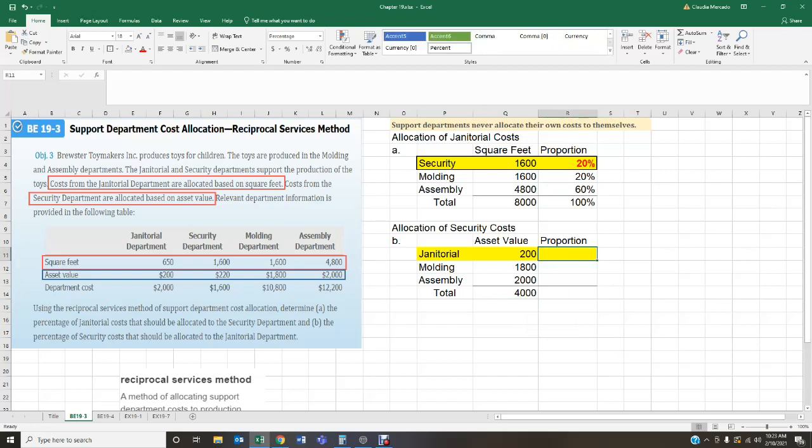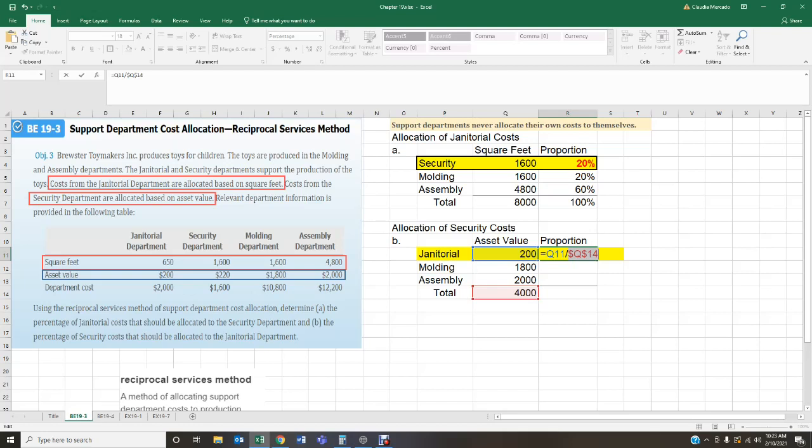Once again, I'm going to get my proportion. I'm going to divide my asset value for janitorial services by my total asset value, and I'm going to anchor the Q14 by putting my cursor in front of the Q and then pressing F4. That anchors my calculation. What does that mean? That means I'm going to be dividing 200 by 4,000, and the 4,000 is going to be anchored, fixed.